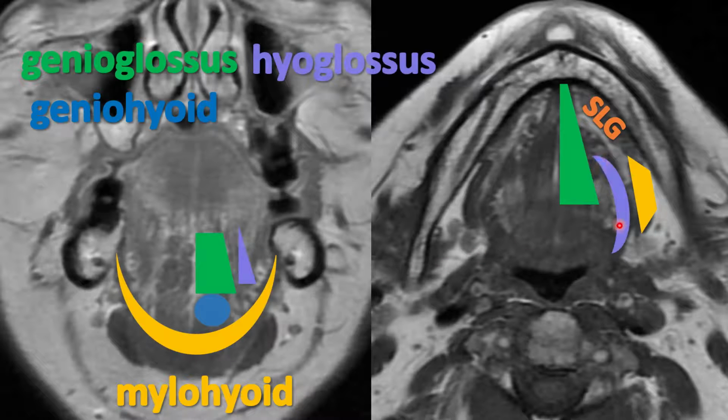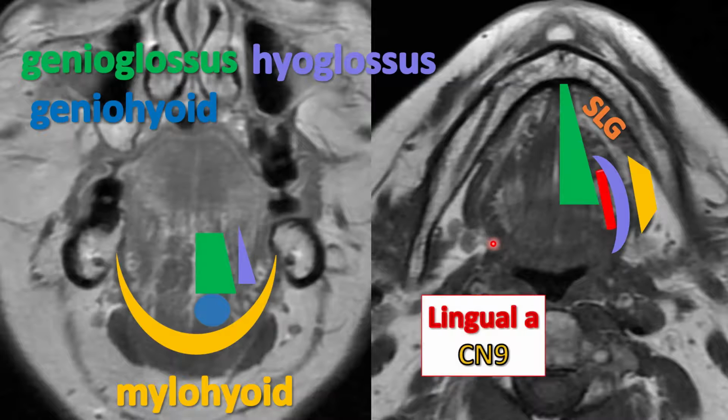On imaging, you can see it beautifully on CT or on MRI. Now, this kind of semi-lunar shaped muscle here, you see it on the other side, is known as the hyoglossus. And I kind of think of it as the arms coming out to hug the tongue. And the hyoglossus is a really good landmark to get super comfortable with because of the neurovascular relationships. So medial to the hyoglossus is the lingual artery and the ninth cranial nerve supplying the tongue.